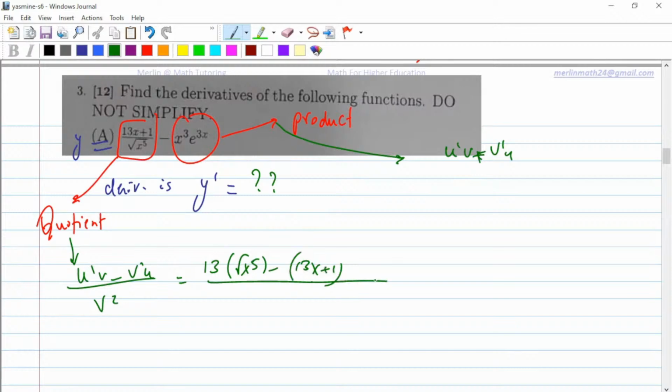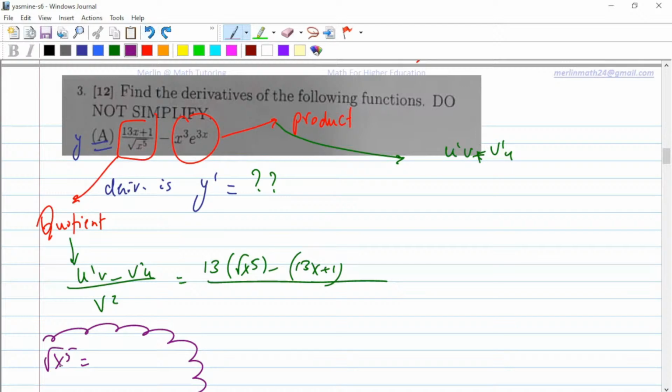Now, deriving radical x to the 5 needs attention. I want to explain. X to the power of 1 over 5. No, you want to write it as a power. The way you said it is not good. Radical x to the 5, I don't see a 1. Where's the 1?